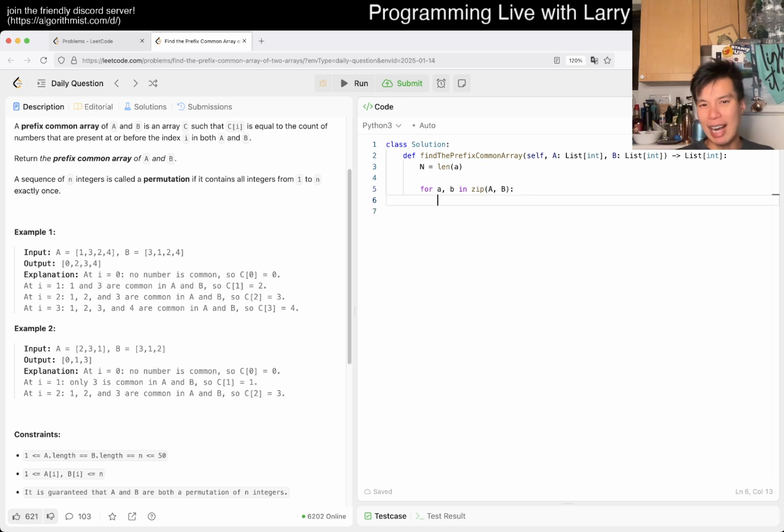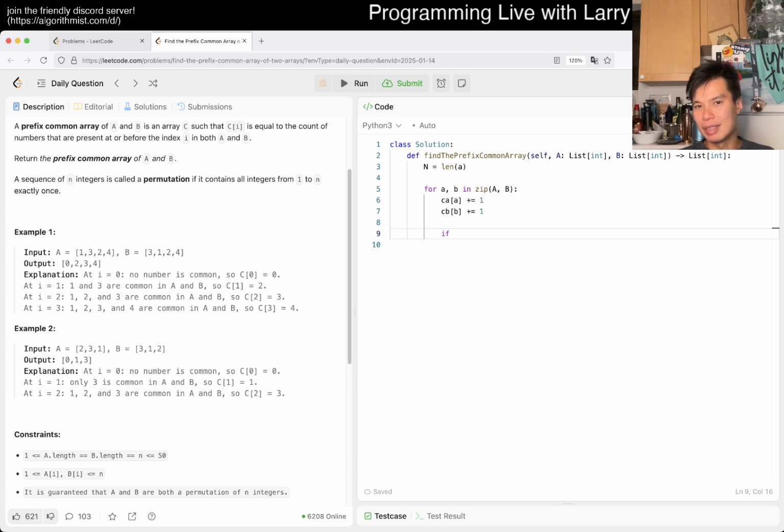And maybe you have a count of A that we increment by 1, count of B, and then maybe you just do an if statement, or maybe even just the delta. There are a lot of ways you can do this.